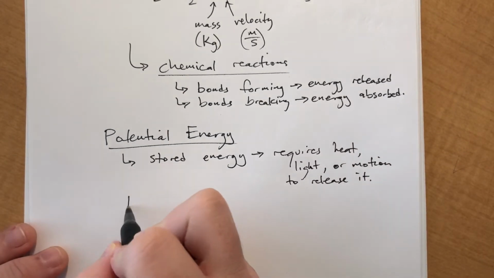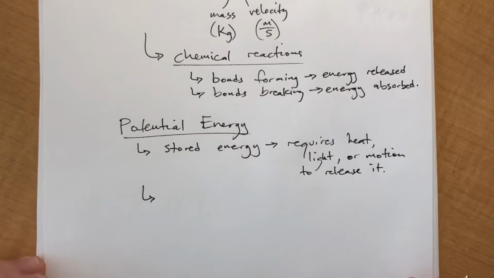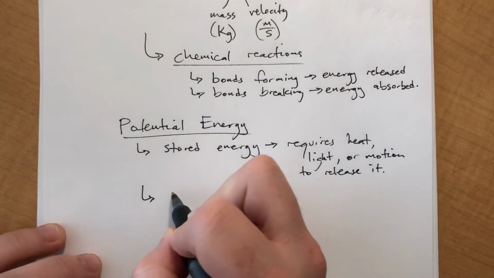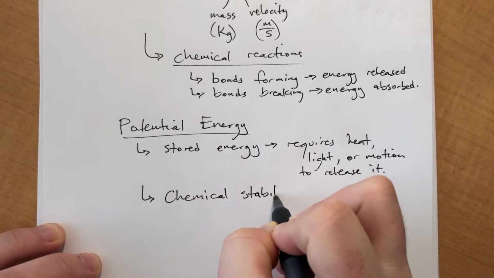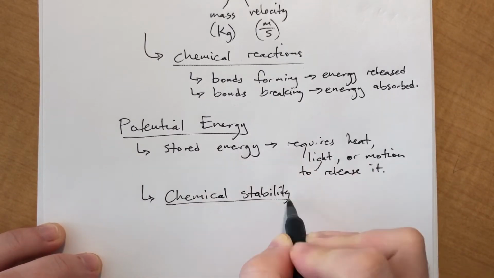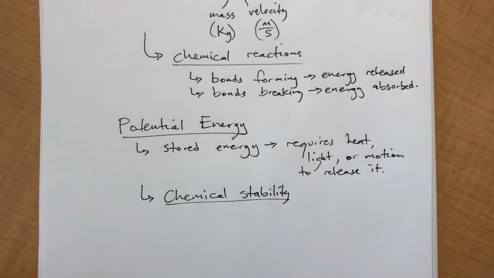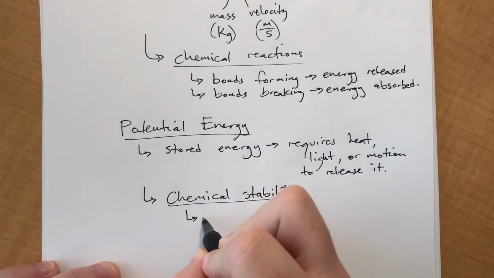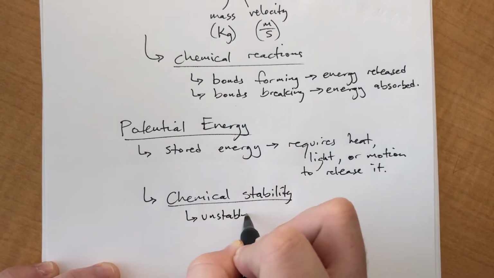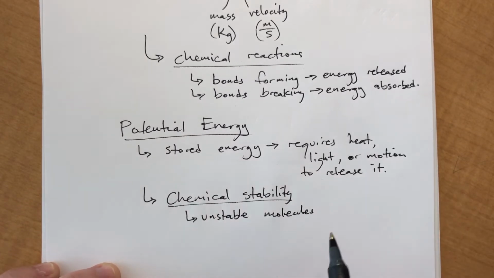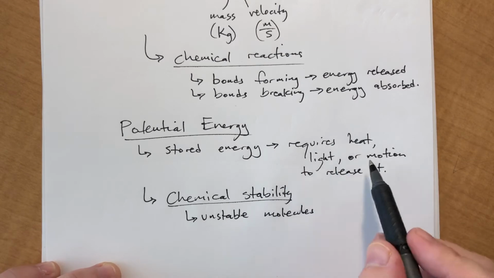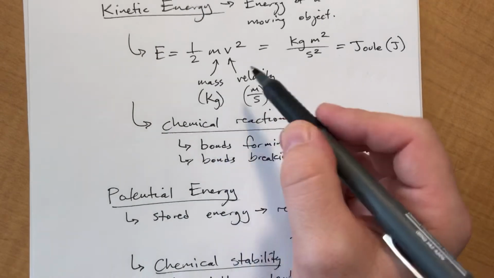Okay. When we talk about chemistry, what we're talking about is chemical stability. In general, unstable molecules require very little heat or light or motion to release this energy and convert it to kinetic energy.